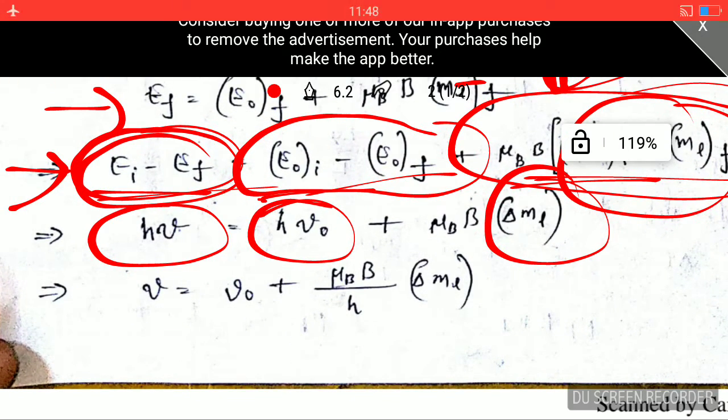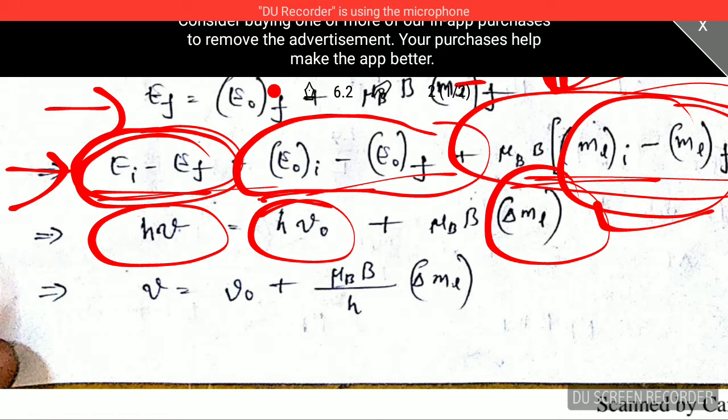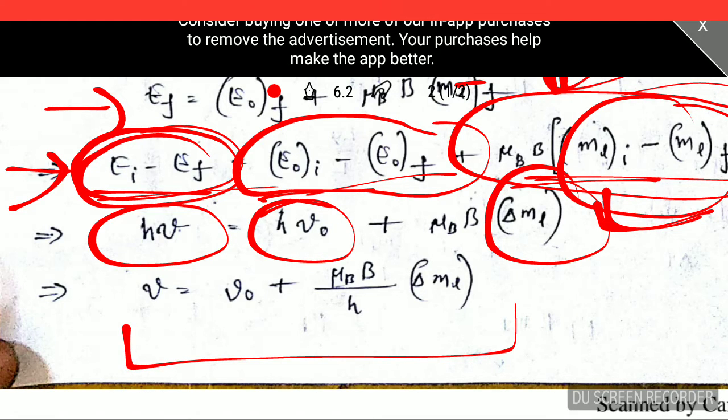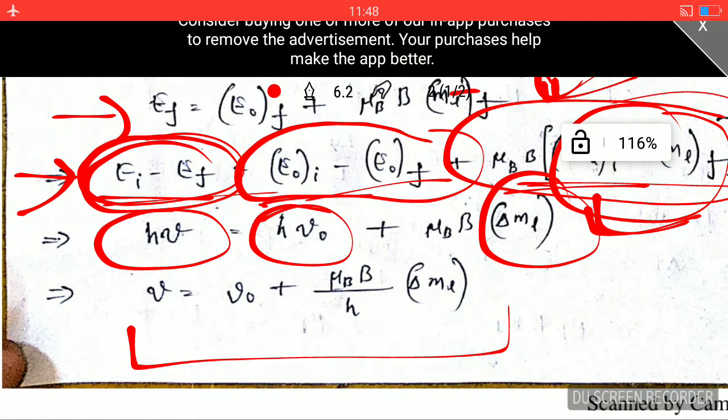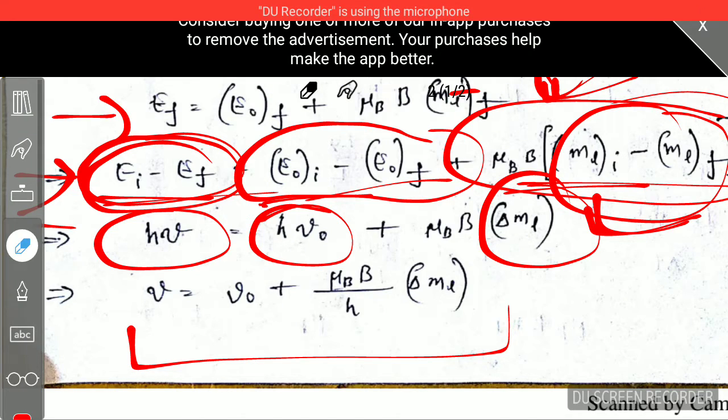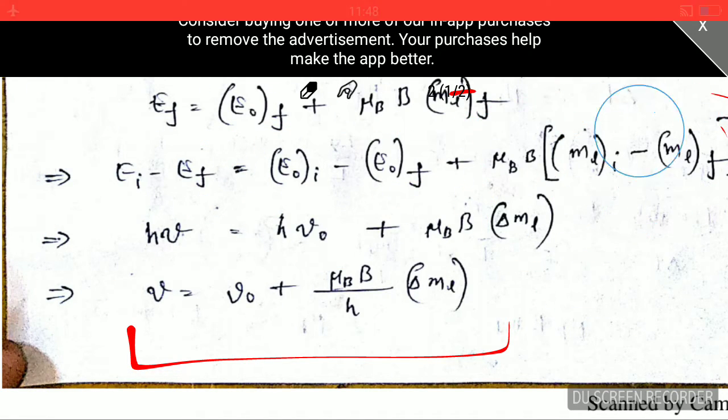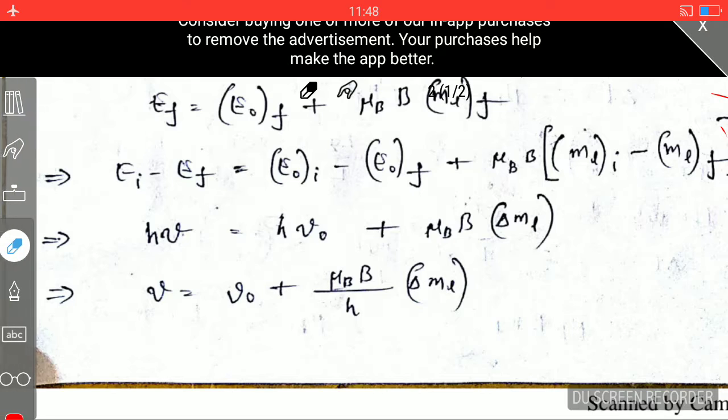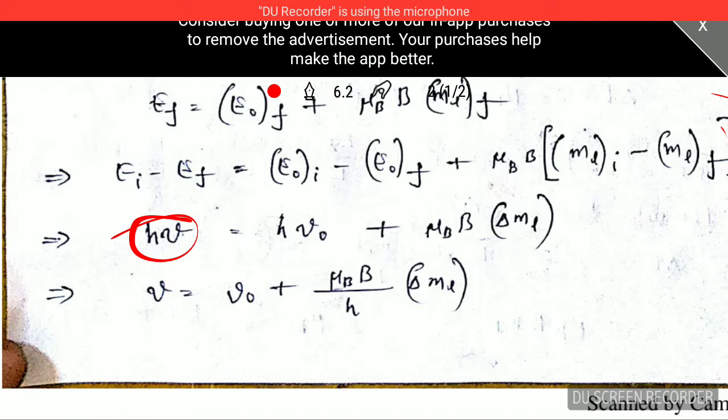Further, I have divided this whole equation by h, the Planck's constant, and I arrive at this equation. Now I will explain how this h nu has come.